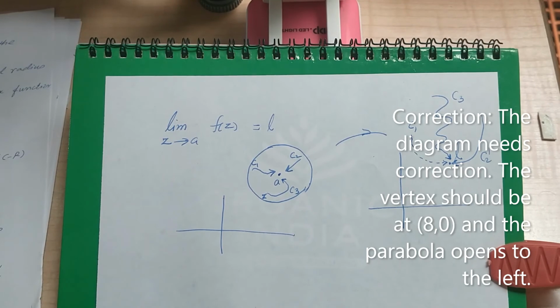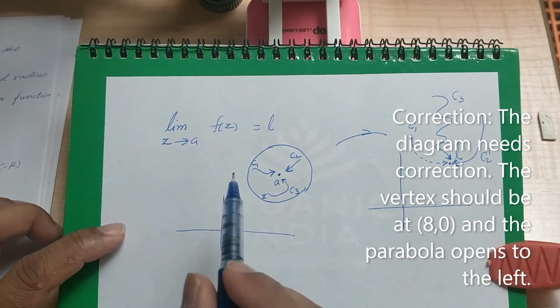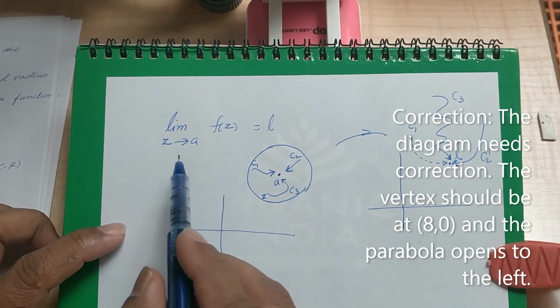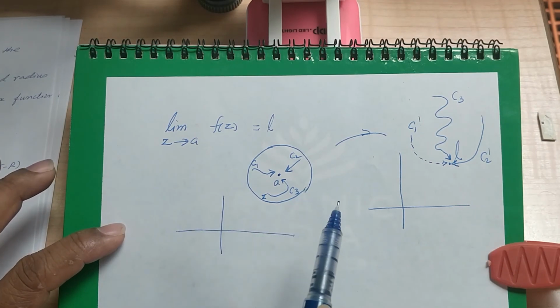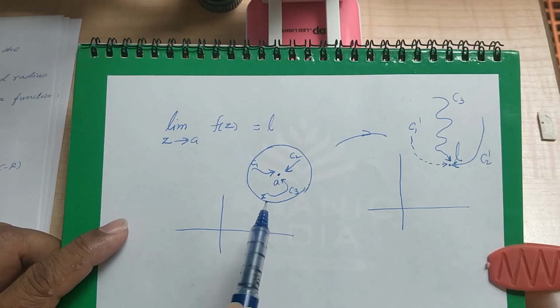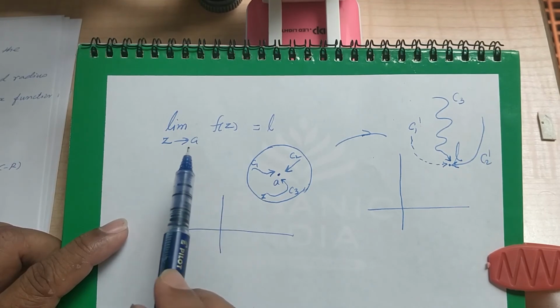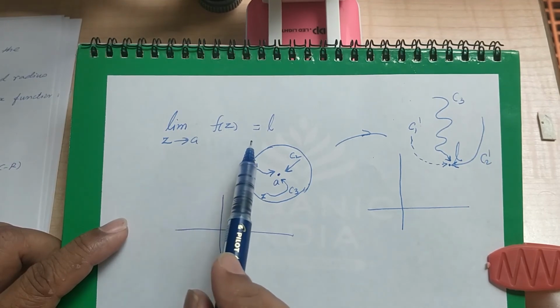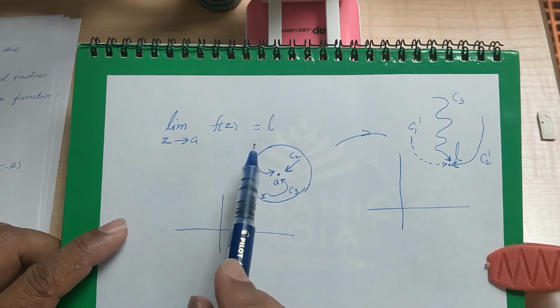Okay, so let us quickly discuss the limit. The notations are as you have studied previously in the case of a function of a real variable; exactly similar notation is used.